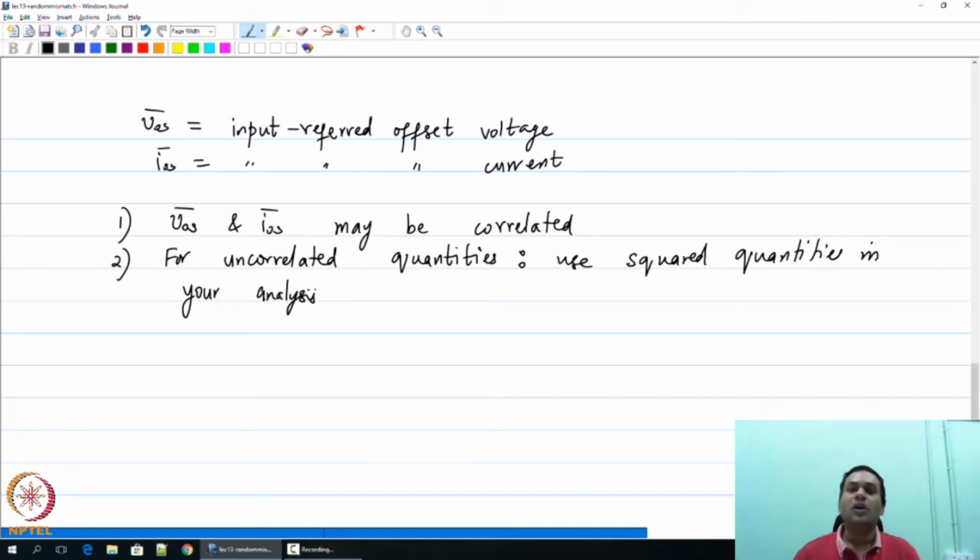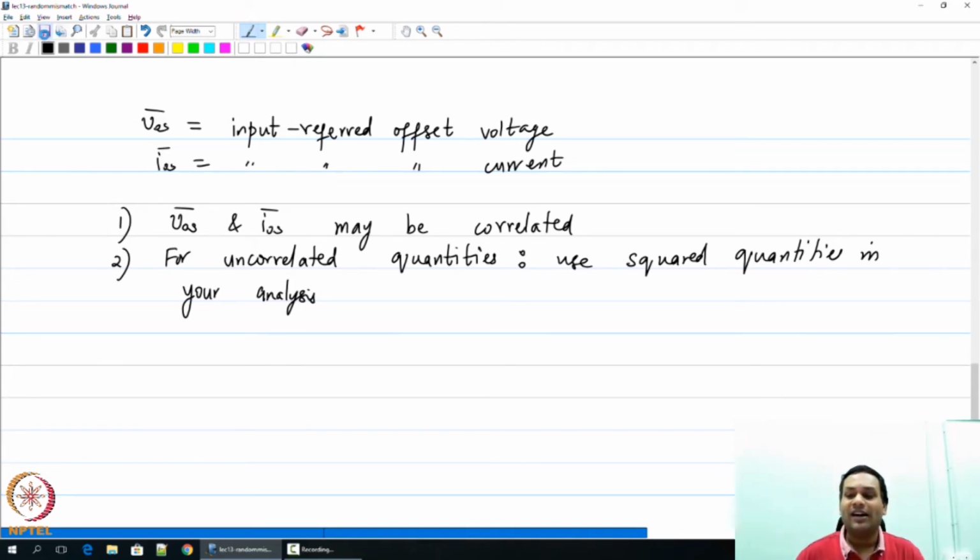In other words, if you are trying to find the offset voltage due to a random variation in the resistance and a transistor VT, these two would move independently, and therefore you need to operate in terms of squared quantities.